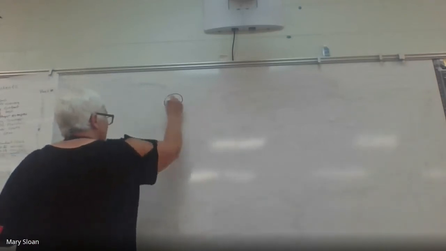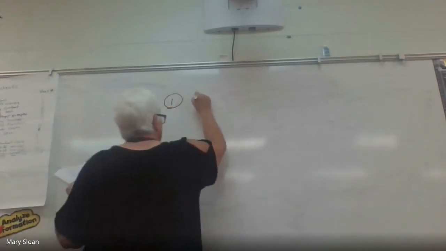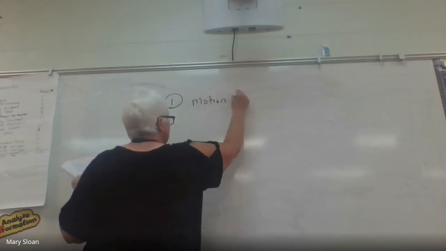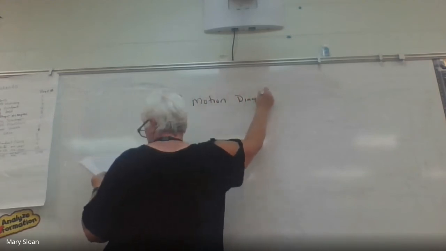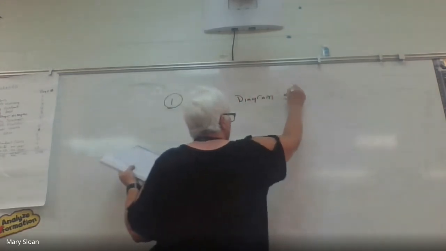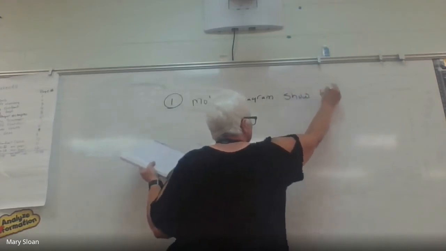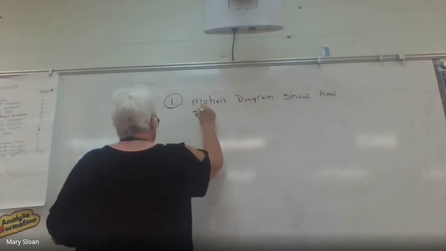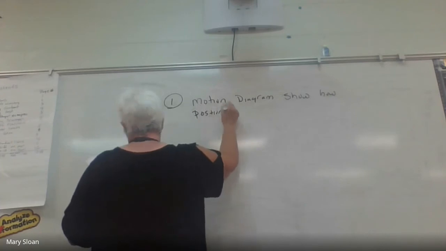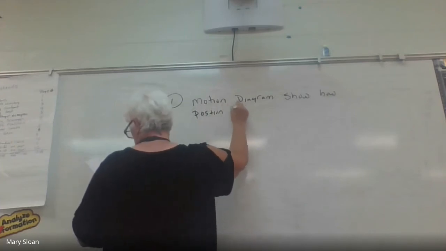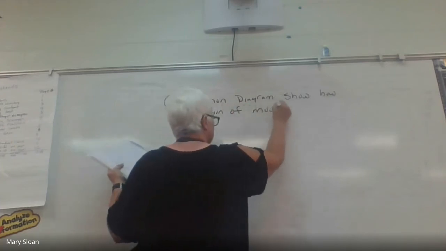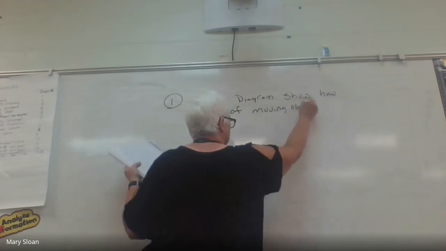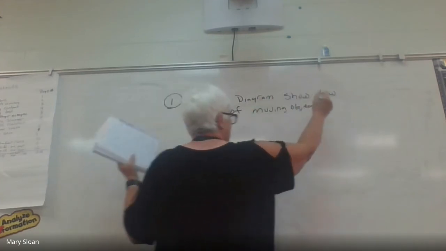So the answer for question 1 is a motion diagram shows the position of moving objects at equal time.